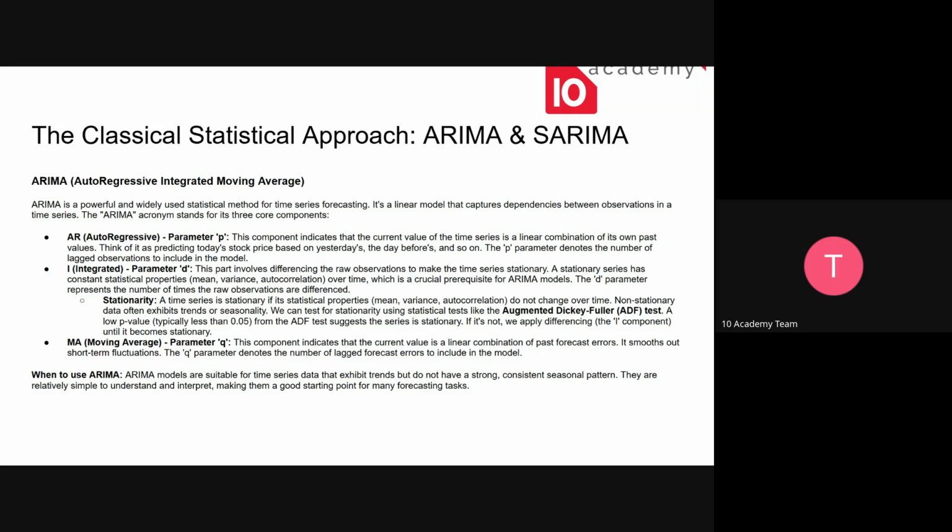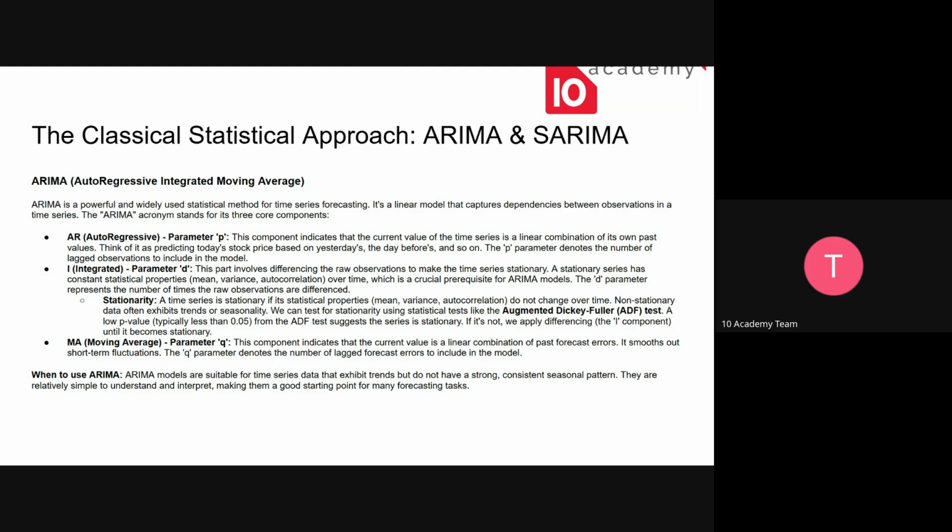Maybe we can have a specific plus or minus something, right? So the true value might be a specific amount greater than this or a specific amount less than this. So the Q is going to assume that the current value is a linear combination of not only the true value of the data, but also the past forecast errors.